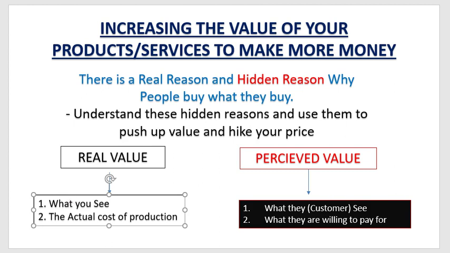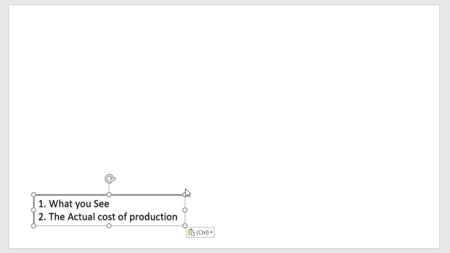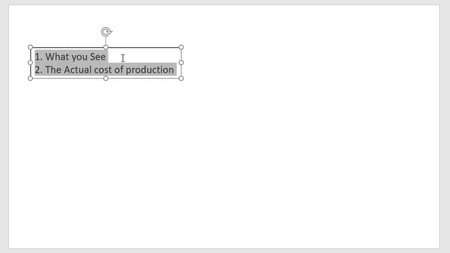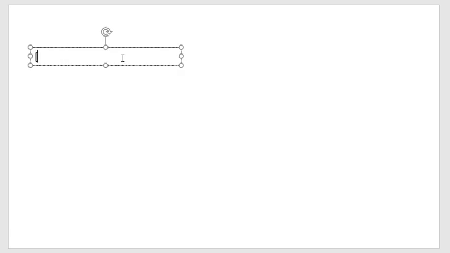For example, I'll be doing it live on set so you can see it. If I want to sell an ebook, my product is an ebook. So pay attention to this. This is what I use.